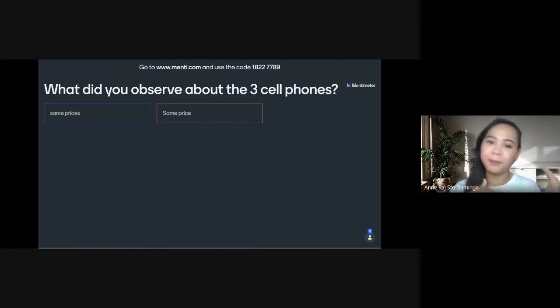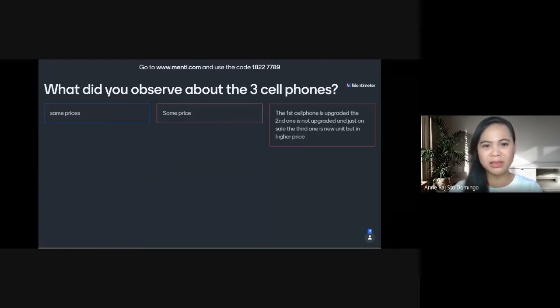So, pero sa presyuhan, kasi di ba yung isa is still at 48,000. Yung iba, anong nangyari sa iba? Okay, Rhea. From Rhea, same prices but different qualities. So, you have different preference talaga.